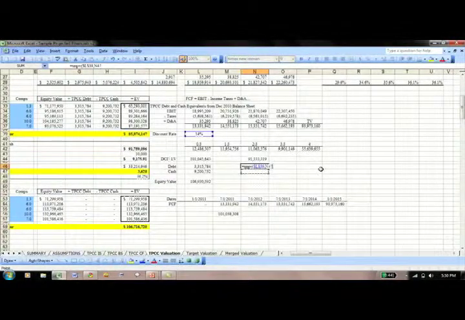The next thing the XNPV formula wants is the series of cash flows, which is here. And then the final thing it wants are the dates on which these cash flows occur. And so what you also observe here is that the dates have to match up with the cash flows. So these two arrays need to have the same size across.